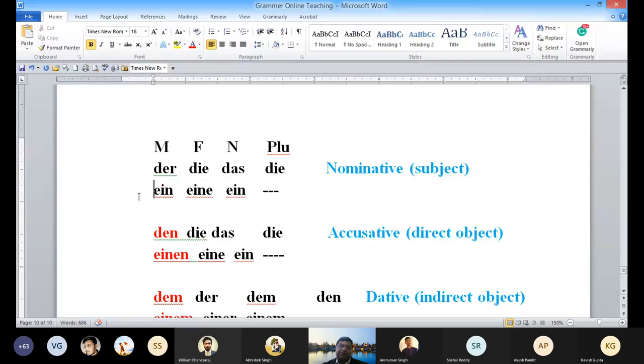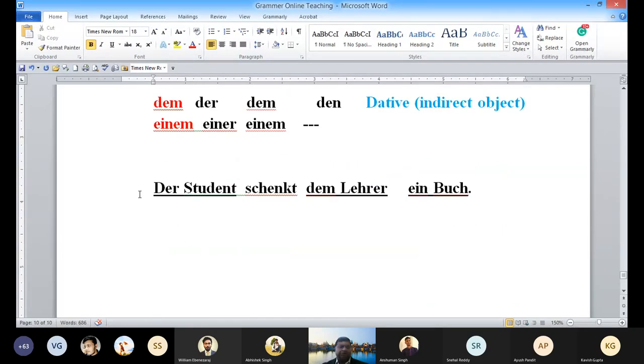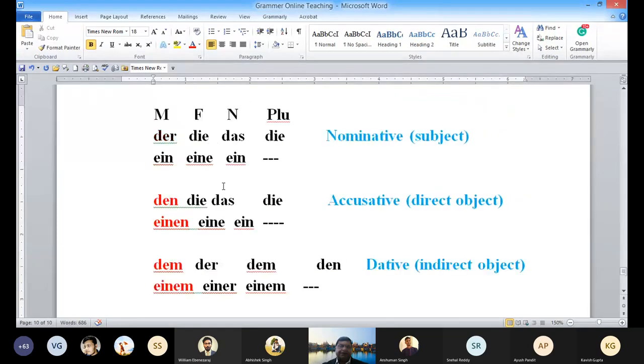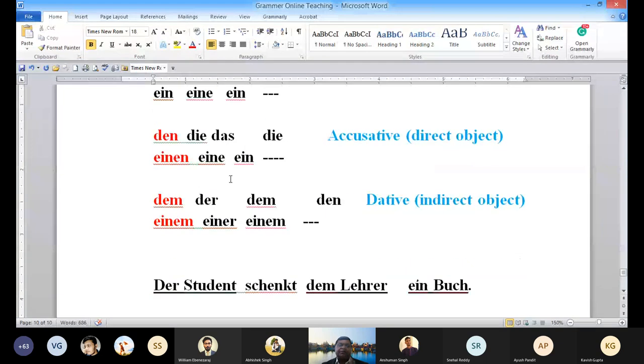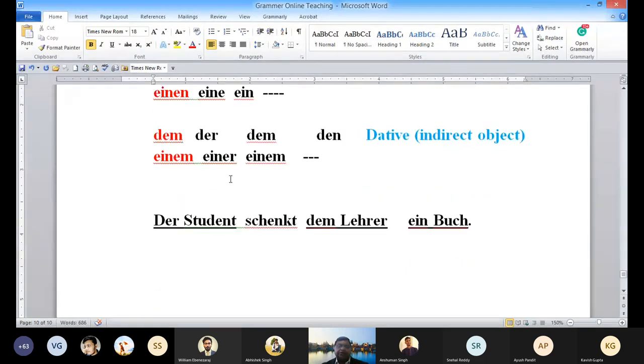If you are using the student is presenting or a student is also possible. So you will write here ein Student, but definitely something from here. Then question comes, whom he is presenting to the teacher. Now you are sure that to the teacher should be the indirect object, dative. Then you have to select some appropriate article from this group.